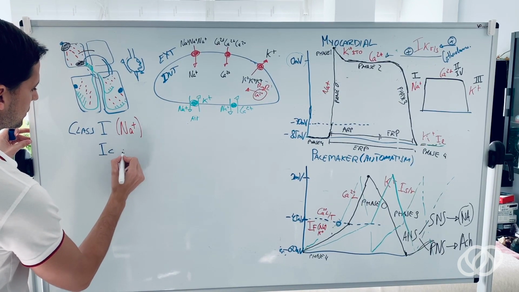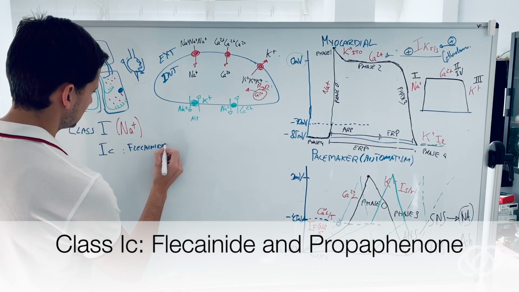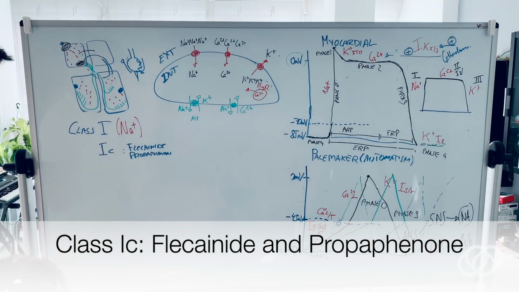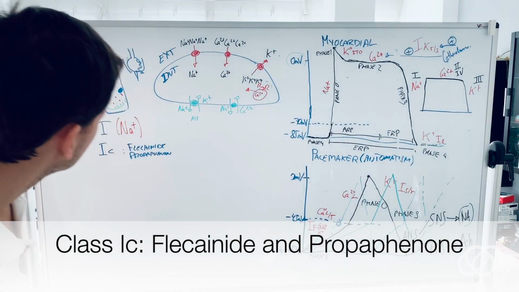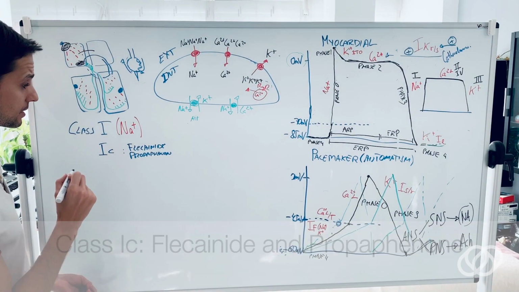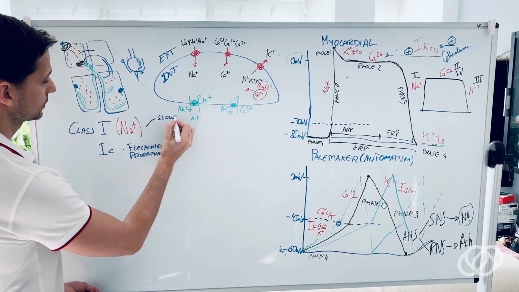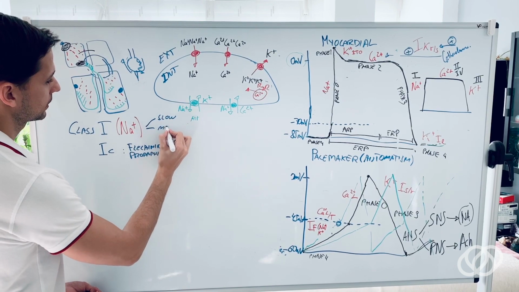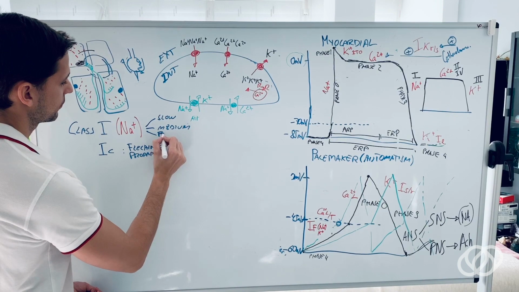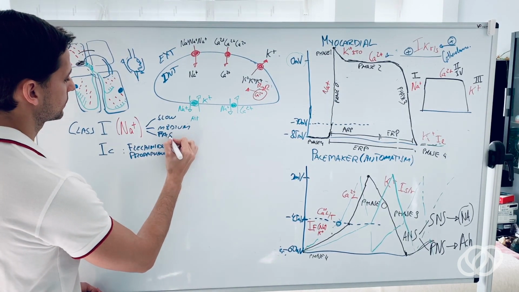In class 1C, we have 2 examples: flecainide and propafenone. In this case, we know that these drugs are very slow. We know that we have slow drugs, medium, and fast. Remember, the slow ones are the ones that have high use dependence.